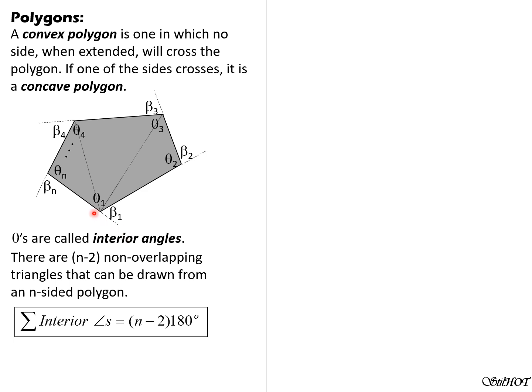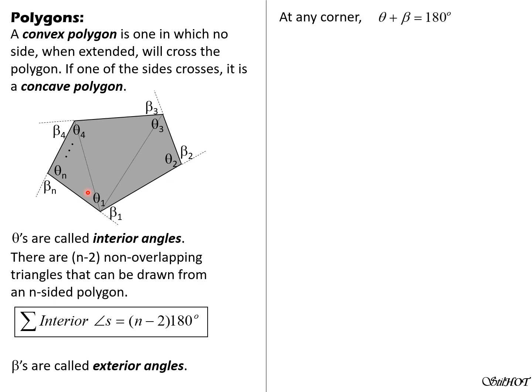Then at any corner, we find that the sum of the interior angle and an exterior angle is a straight angle, or 180 degrees. That is, theta plus beta is equal to 180 degrees.